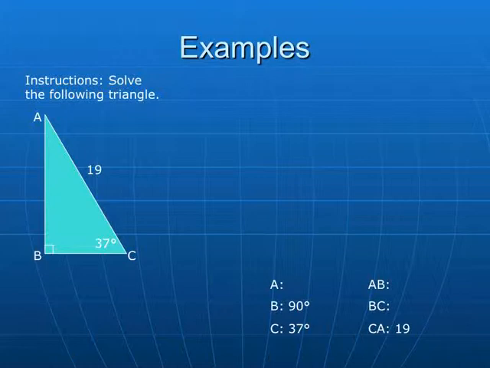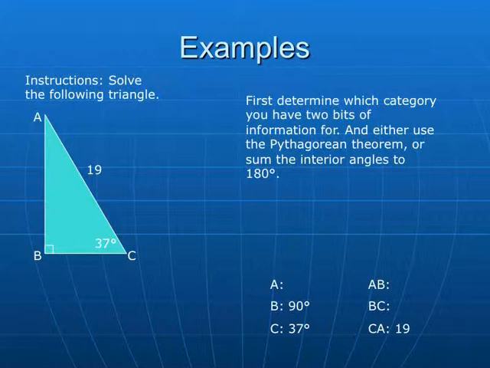The next step when I'm solving is I look where I see two sets of information. Here I see two angles, so I'm going to start with angles. Wherever I see two pieces of information, that's where I start. I know that the interior angles of a triangle always sum to 180 degrees.